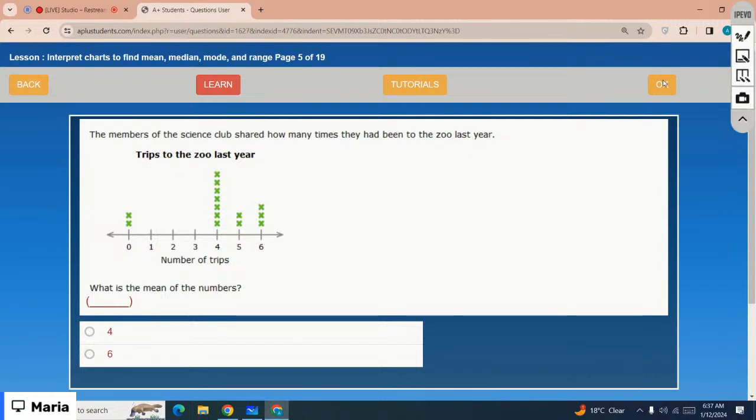Which is the correct option? Yes, that is 4. Very good. The correct option is 4.